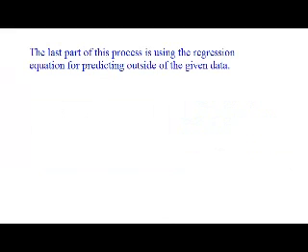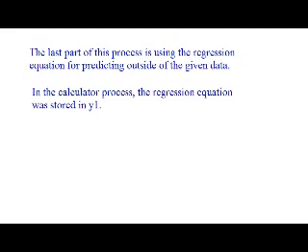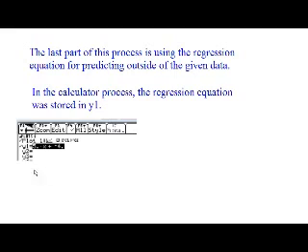So the final part of the process of regression is where we're going to actually use that equation to predict values that are not shown in our data table. We stored that equation in y1. So when we go to our Y= screen for graphing, you notice my plot 1 is still turned on from the previous work, but the equation y1 has been transferred from the regression process into the graphing screen.